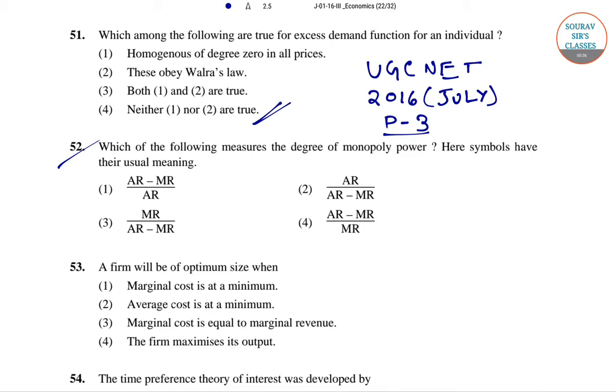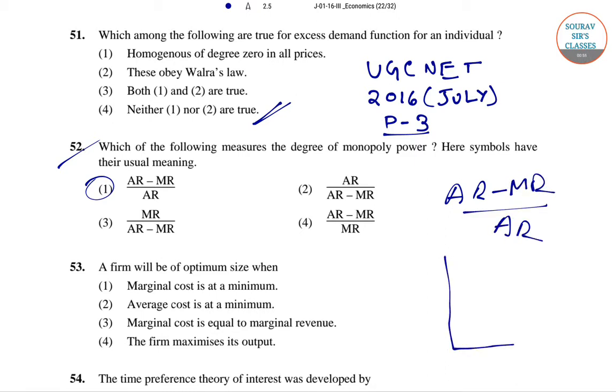Here the symbols have the usual meaning. So we have to find which of the following measures the monopoly power. For question number 52, we know the monopoly power is measured by AR minus MR divided by AR. For a monopoly firm, this is the AR and MR curve.